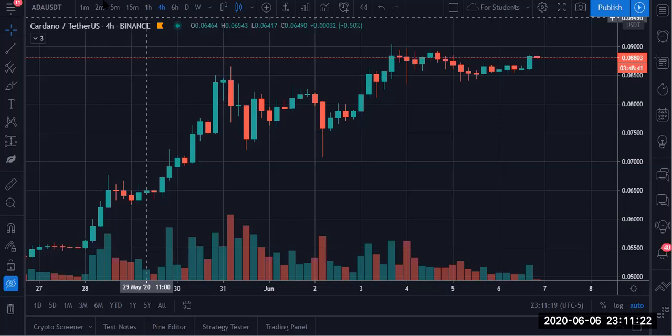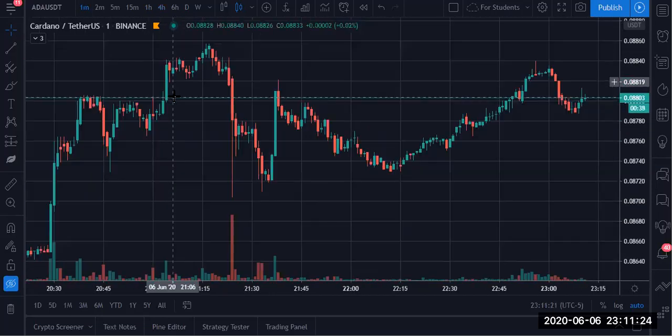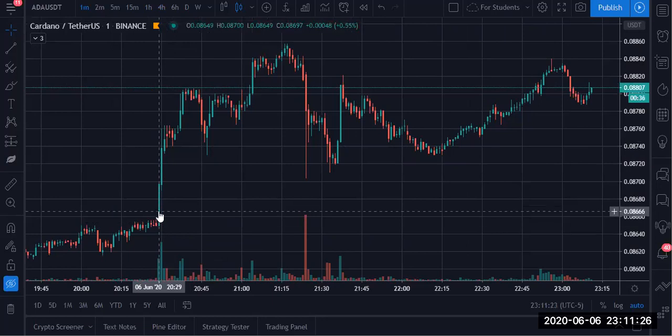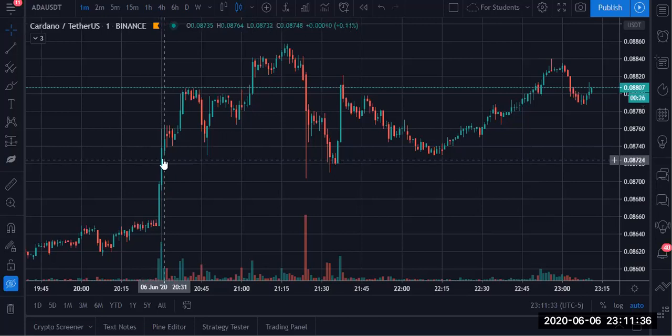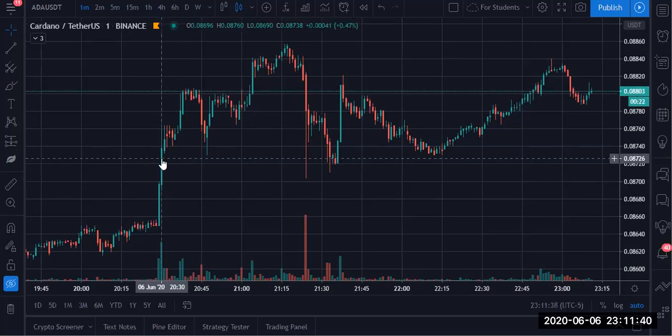It could be seconds. Here's an example of one that would last seconds. If you were to catch this second one right here, the second candle, you could get in as it starts to pump against you. If you got in somewhere here and you notice it started to go up, you'd make somewhere, pretending this is 100x, right? That means it takes whatever you have and multiplies it by 100.